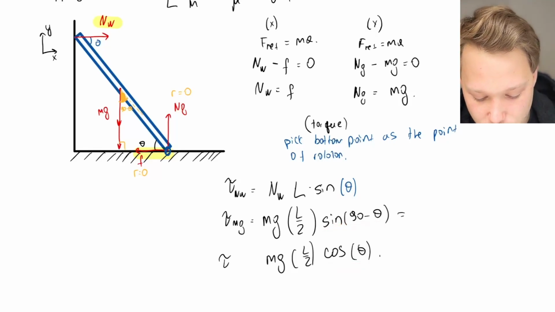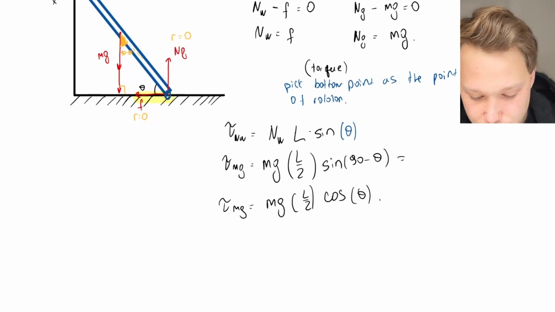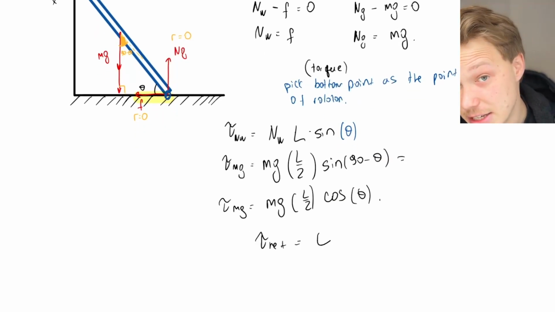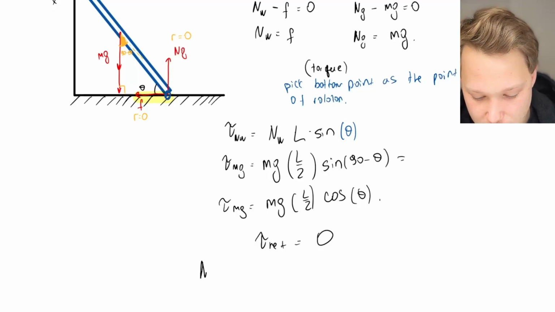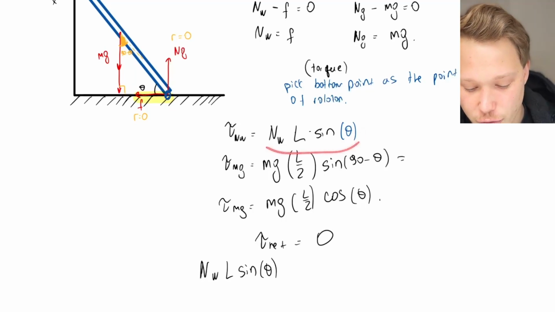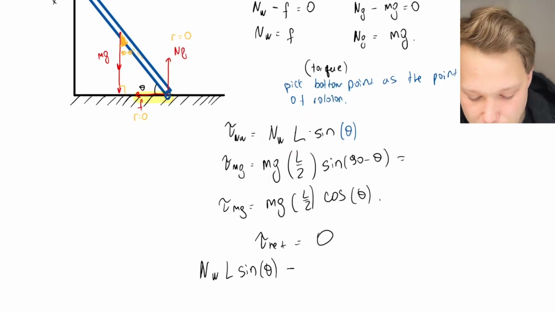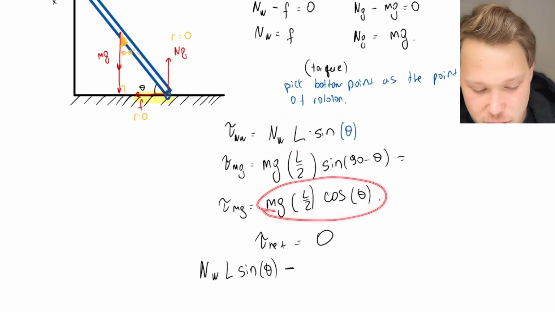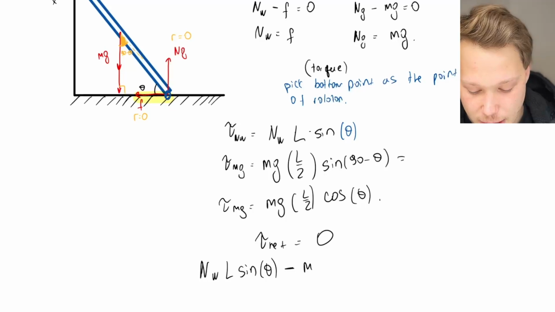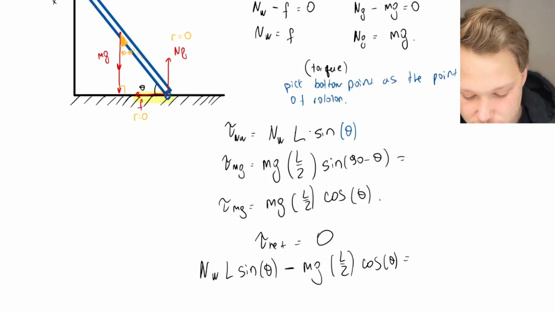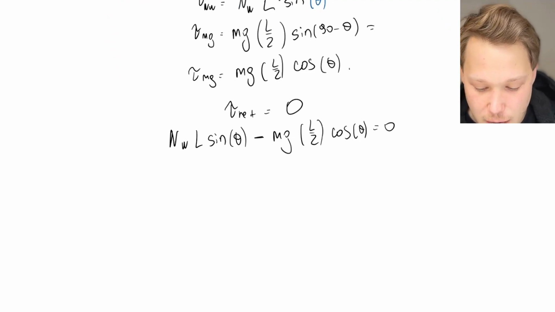All right, so we have both of the torques. Therefore, net torque is equal to, again, 0 because it's not rotating. So NW L sine theta, torque from the normal force, minus torque from the gravitational force, mg L over 2 cosine theta, is equal to 0. All right.